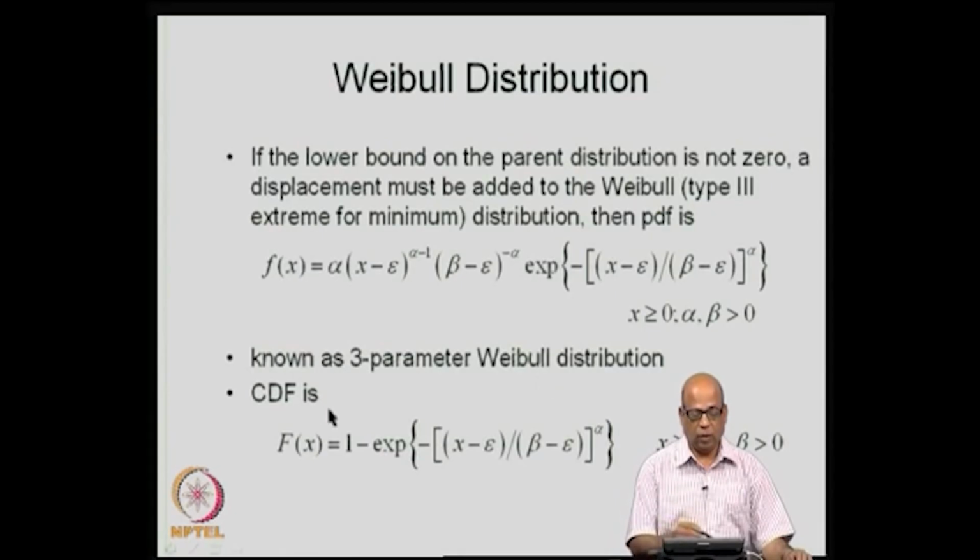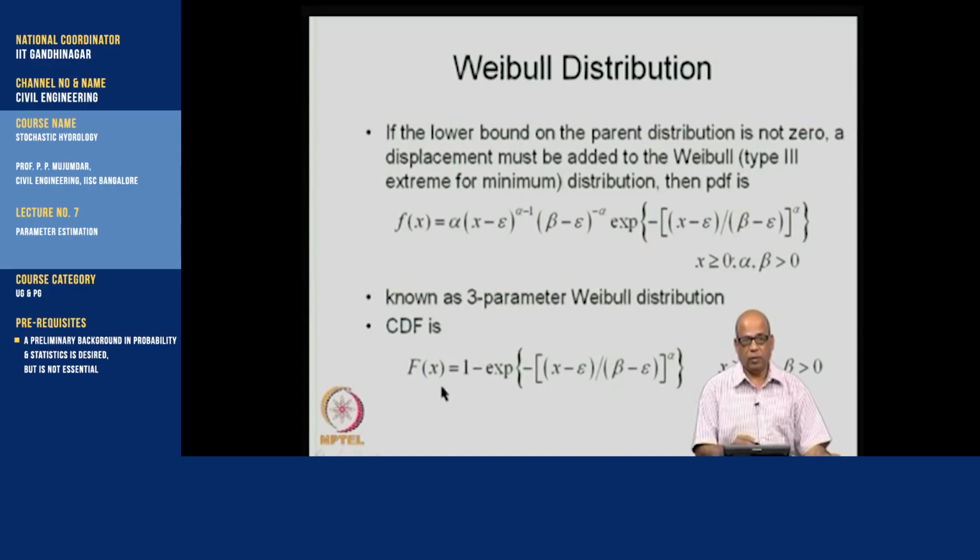Associated with this, we have the CDF given by F(x) = 1 - exp[-((x - epsilon)/(beta - epsilon))^alpha].